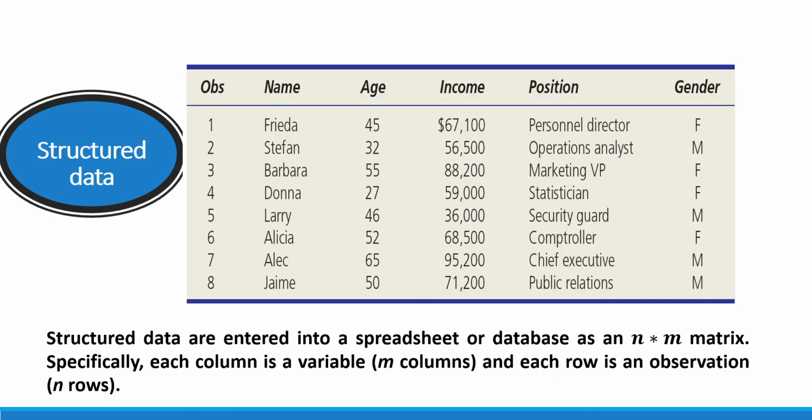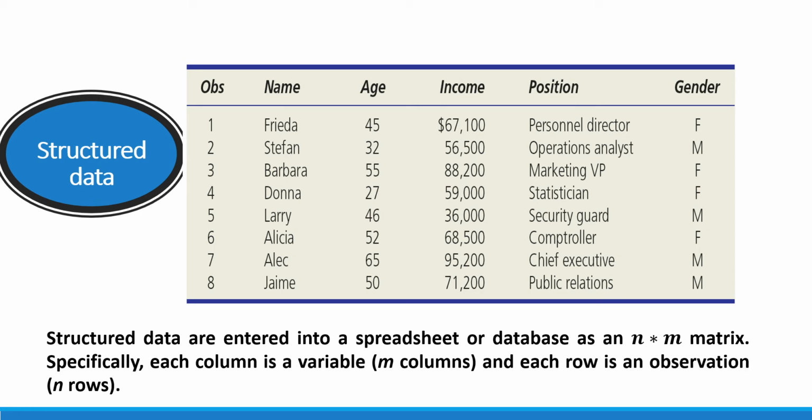To make this clear, we insert the data inside a table or a spreadsheet like this one. We have here 8 observations. Each single observation refers to each one of the employees. For each observation, we have different values of the 5 variables.